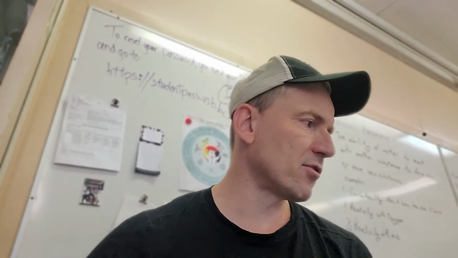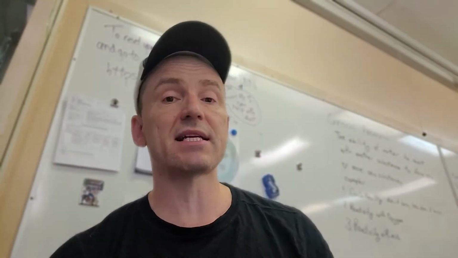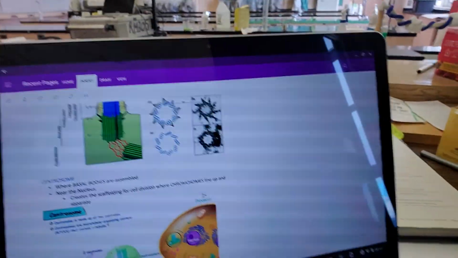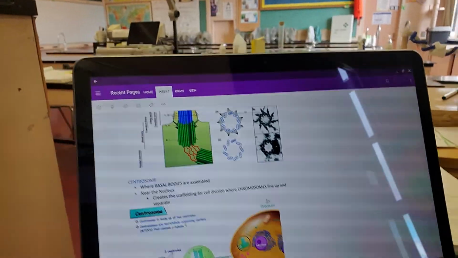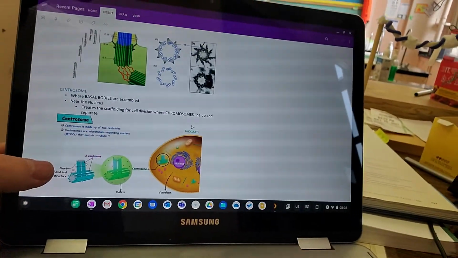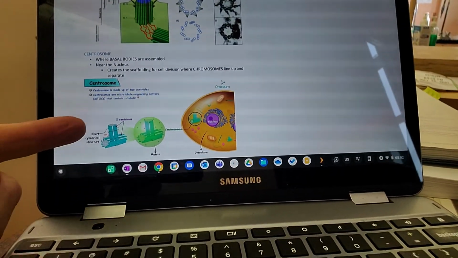There's something also called a centrosome. So basal bodies are a non-membranous organelle that flagella and cilia grow out of. There's also a centrosome. Here in the image, there we go, centrosome is there.